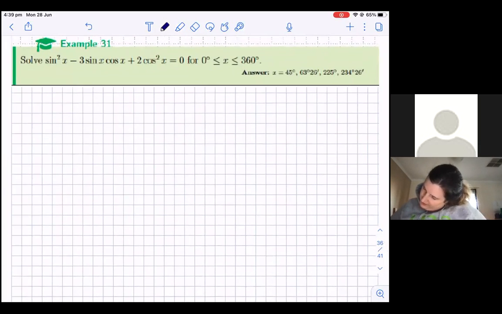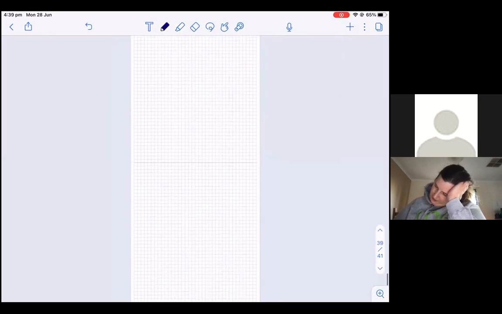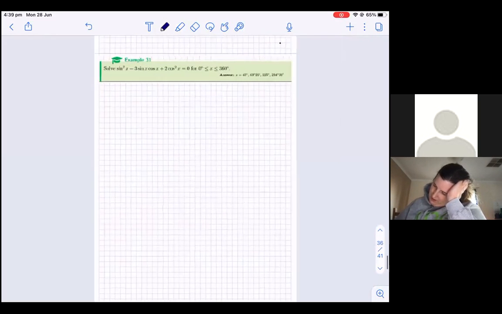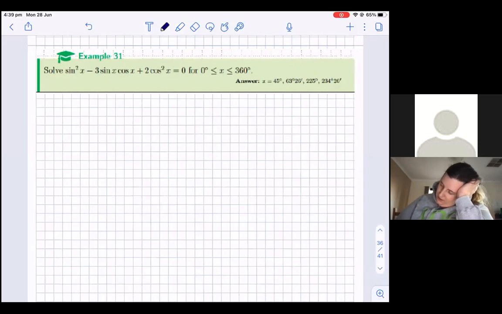In this case, last but not least, I think. Yes, okay. This one's a bit harder. This time, because we've got sines and coses, I want to turn everything into tan. That's the best way. These are only doable when it's in terms of sine or cos, but we can't do it all together. So let's do it in terms of tan.